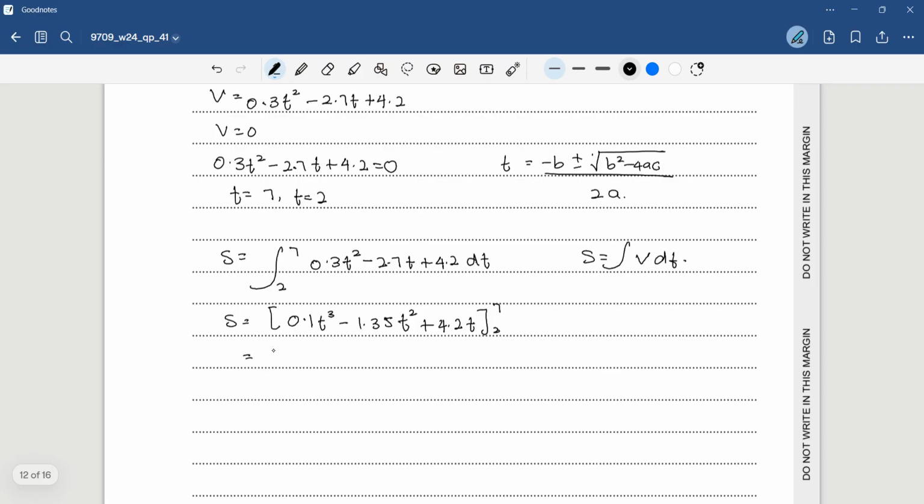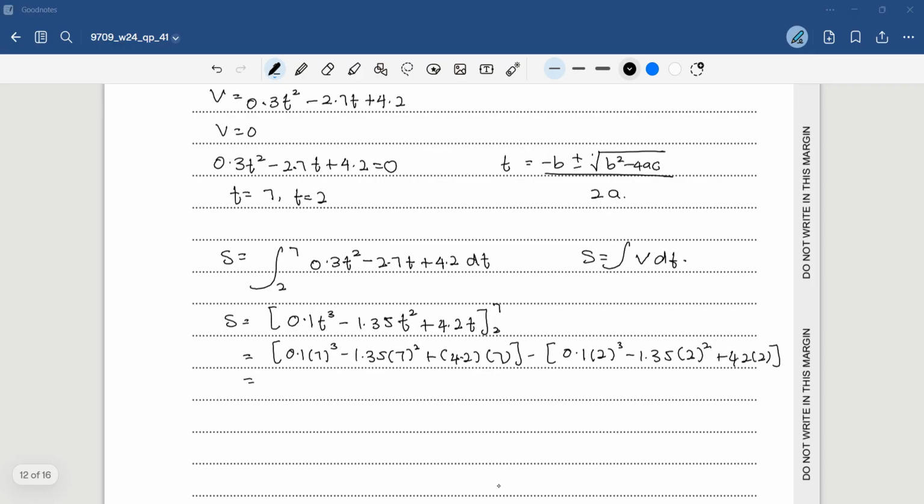You substitute in: 0.1 times 7 cubed minus 1.35 times 7 squared plus 4.2 times 7, minus 0.1 times 2 cubed minus 1.35 times 2 squared plus 4.2 times 2.